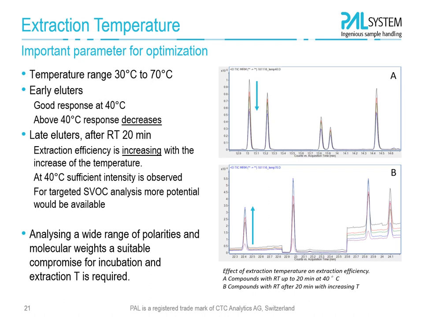But if we look at the chromatogram at 40 degrees, we see that there's already sufficient intensity achieved. It's only that if we do a targeted analysis for the SVOCs, we would get more potential for more sensitivity here by increasing the extraction temperature.